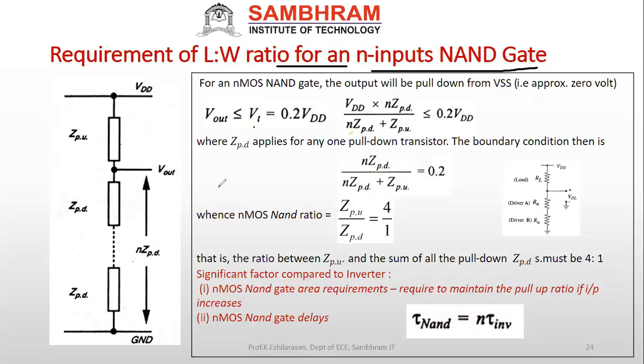What is ZPD? ZPD is nothing but LPD by WPD. So I can say N into LPD divided by WPD. This is the meaning of that actually. Here N is the number of input variables.